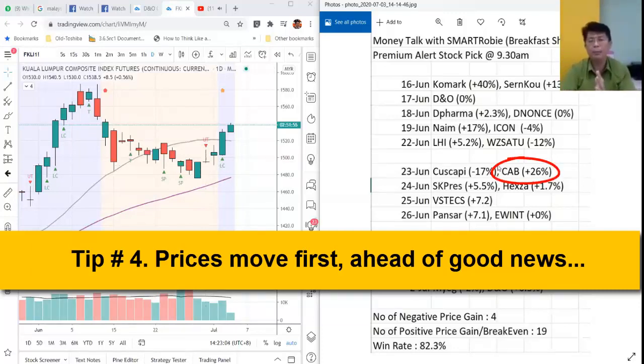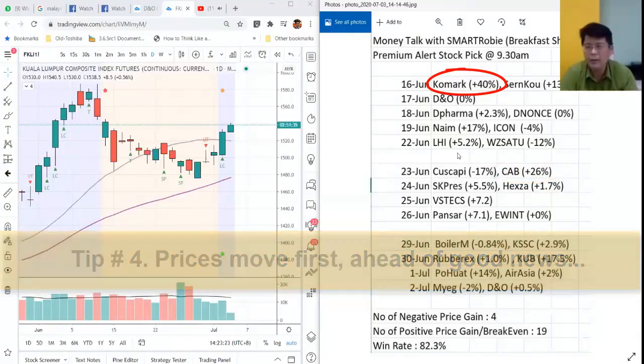Remember Cabaran, which we talked about, already ran 26%, then news came out. LHI also, but LHI not so much. I think Comark was pure classic. The stock price ran first, then only they came out to say they are going into making face masks, I believe.